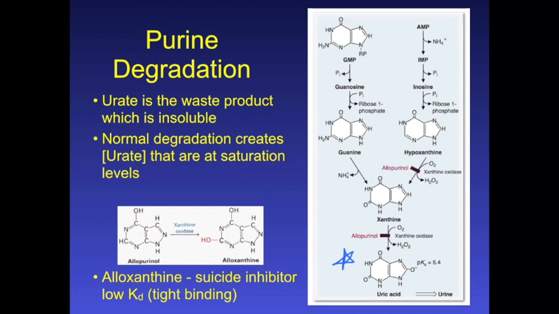And so, in the degradation pathway, we use a suicide inhibitor. Allopurinol is the drug. It's acted on by xanthine oxidase, which does these two reactions. Normally here, it'll put this carbon into a ketone. It'll do part of the reaction, put the hydroxide, but not finish it up.